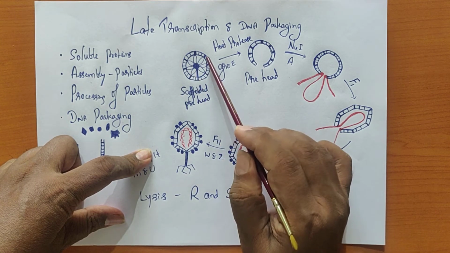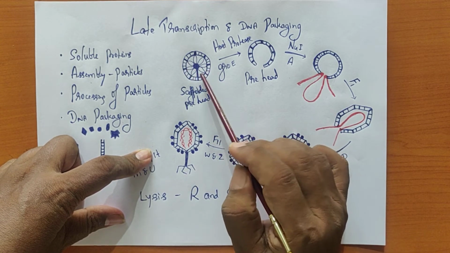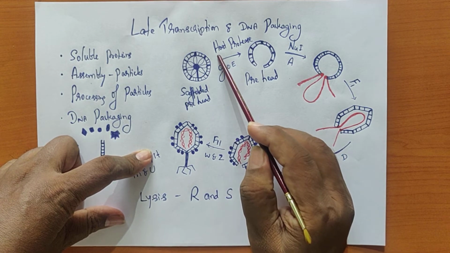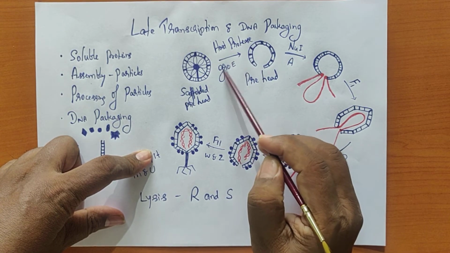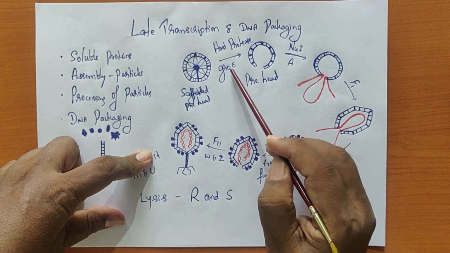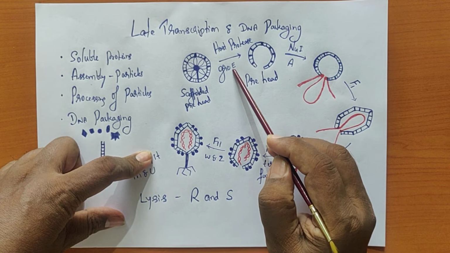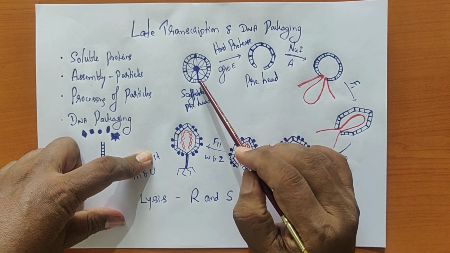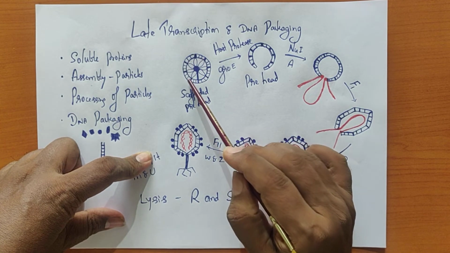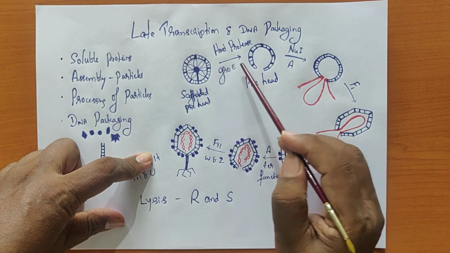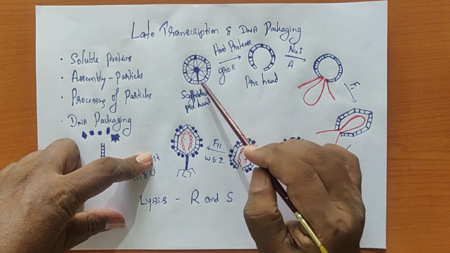The removal of some additional proteins, which they call the processing of this prehead, is done by a host protease derived from the gene GroE. GroE is a gene, and the gene product of GroE is a protease. This protease cleaves the extra proteins which have assembled, which is known as the processing of the scaffolded prehead.